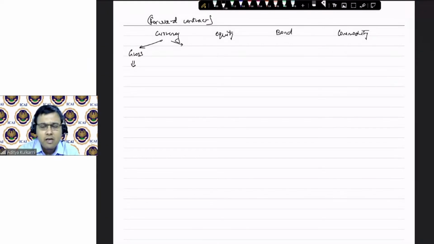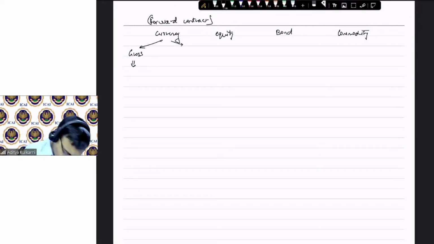So is the gross settlement meeting the definition of financial asset and a financial liability for the counterparties? Yes. I'm not saying asset and liability for the same party. I'm saying in the same transaction, is it a financial asset for one entity? Is it a financial liability for another entity?